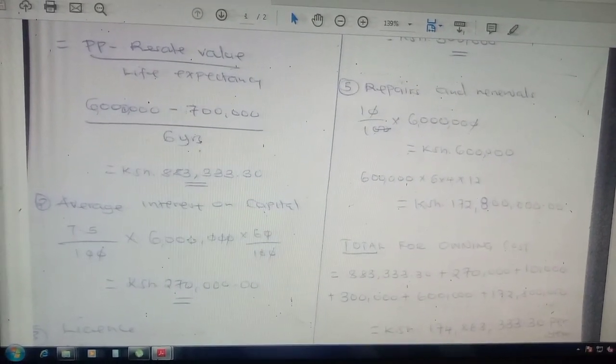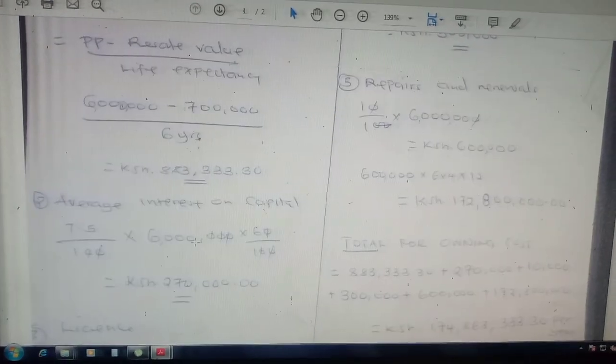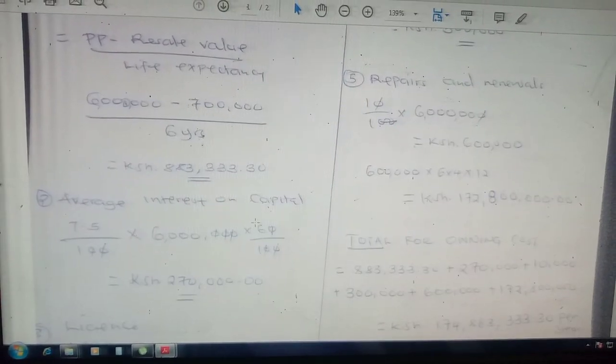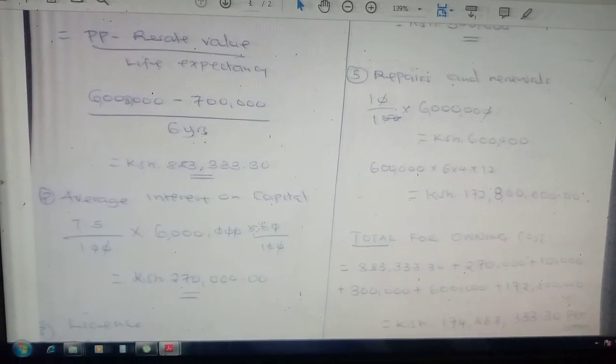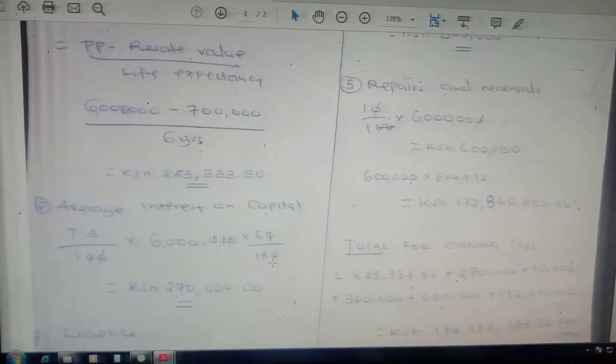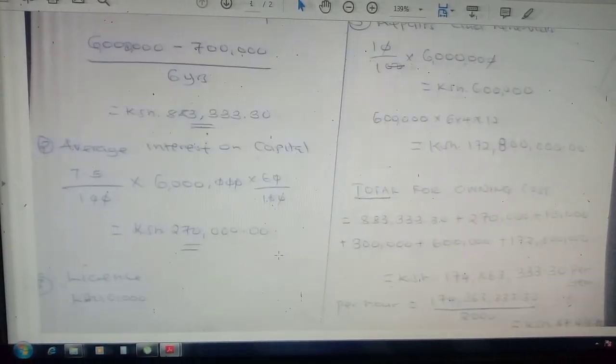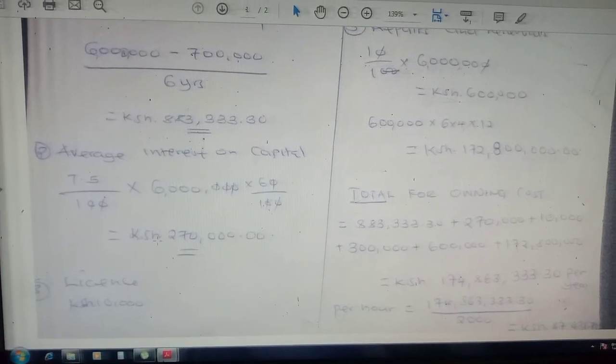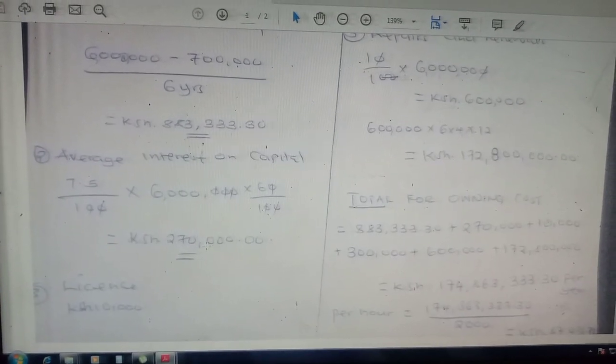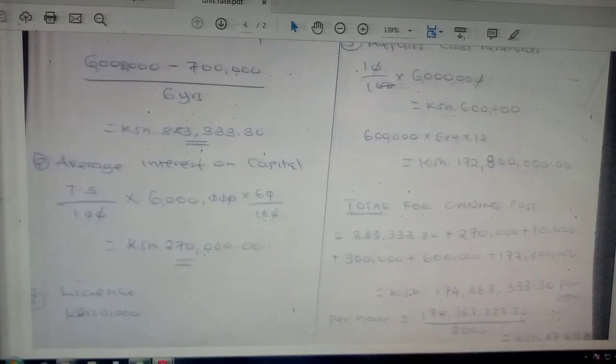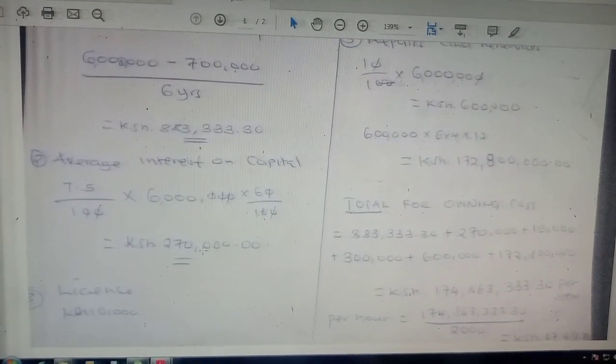When you are calculating average interest on capital, please do not forget to include this 60 over 100. This is the book value for calculating average interest on capital. So that you get 270,000. That is the average interest on capital.